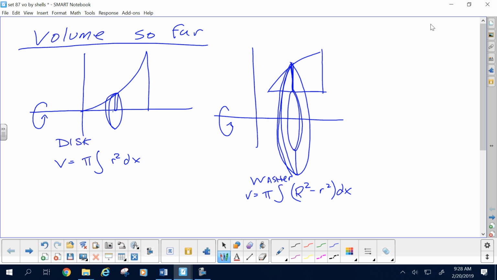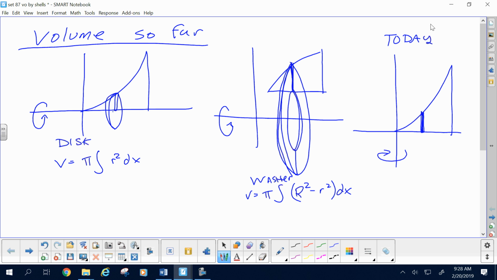Now, today, imagine if we take either of those regions, it doesn't even matter which, and this slice, and instead of revolving it around the x-axis, we're going to revolve it around the y-axis.